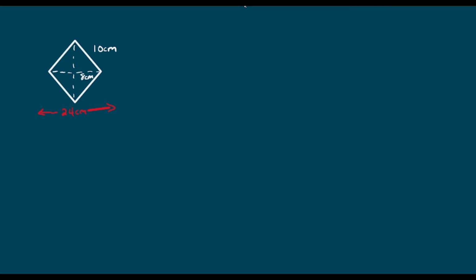Now the area of the rhombus is equal to a half d1 d2. Now we have our second diagonal, which is 24 centimeters. So we need to find our first diagonal.